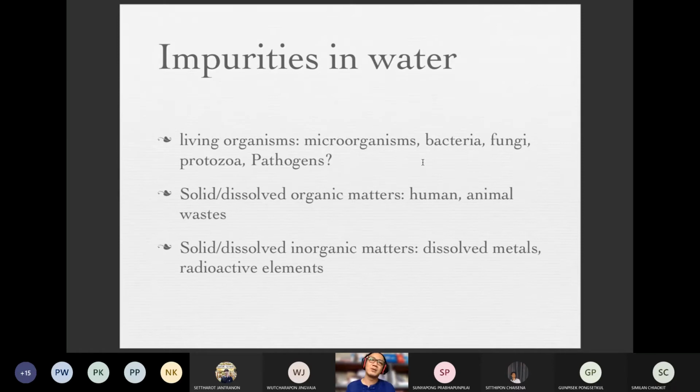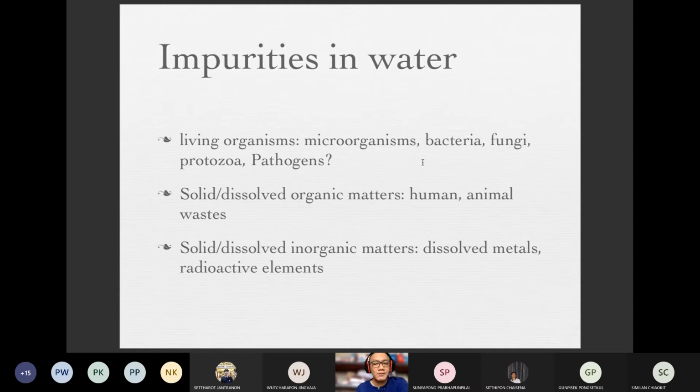Here we are not talking about large aquatic animals like fish or others. So we are talking about the small microorganisms that could become a part of impurities when we withdraw water to produce drinking water.